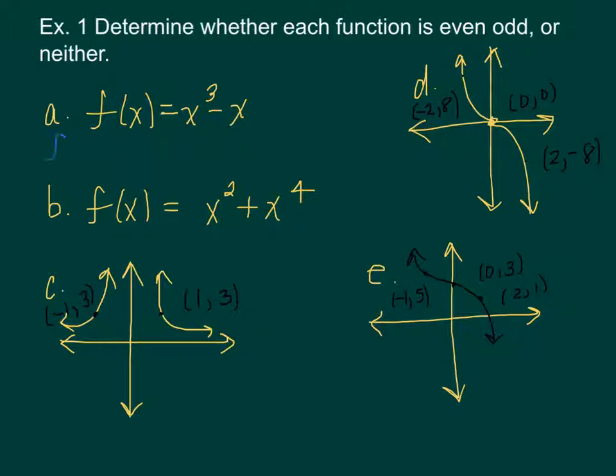If you don't have a graphing calculator, you plug in negative x, and we're going to see what happens to the signs. So this one changed. It's negative x cubed plus x. So if we use our little check off, this change, this change. So since they both changed, this is an odd function.